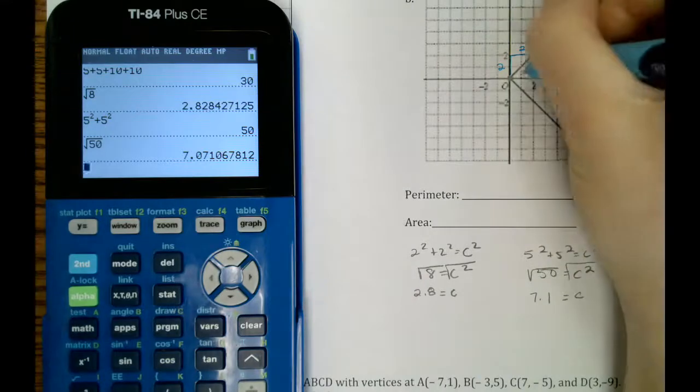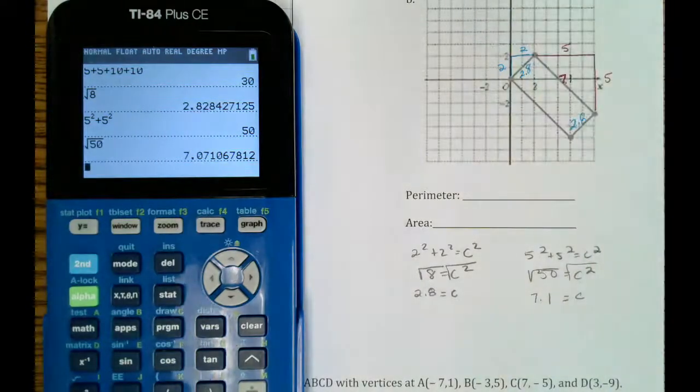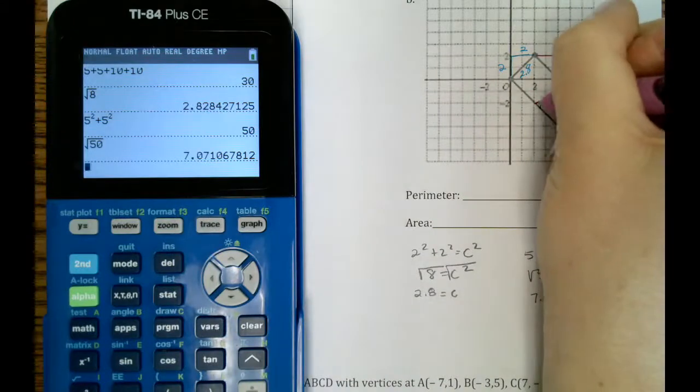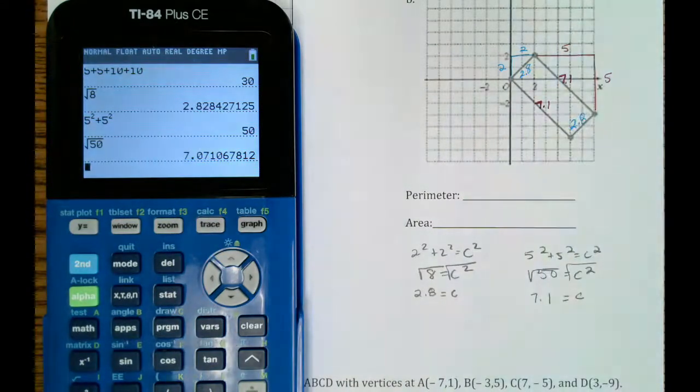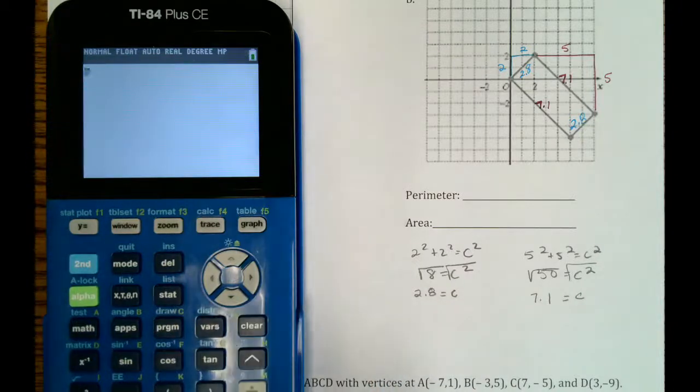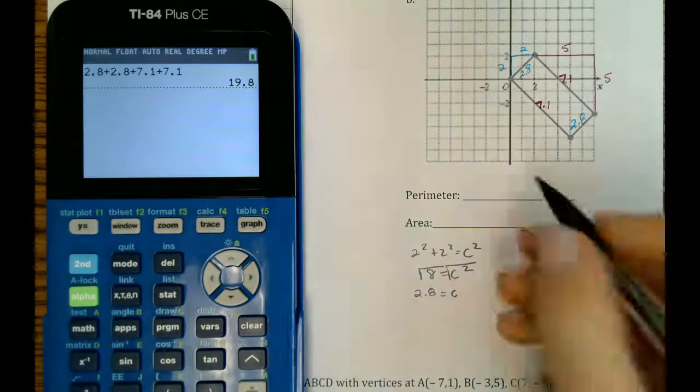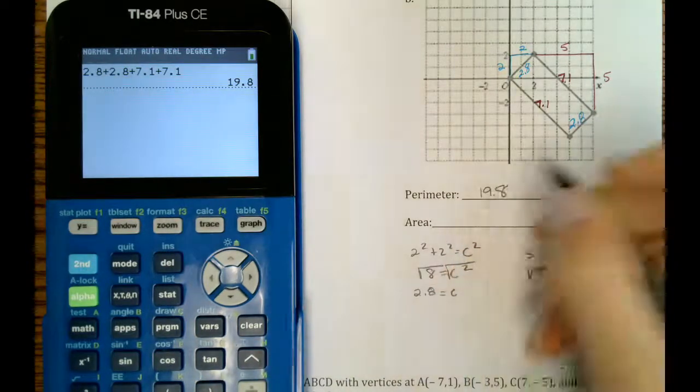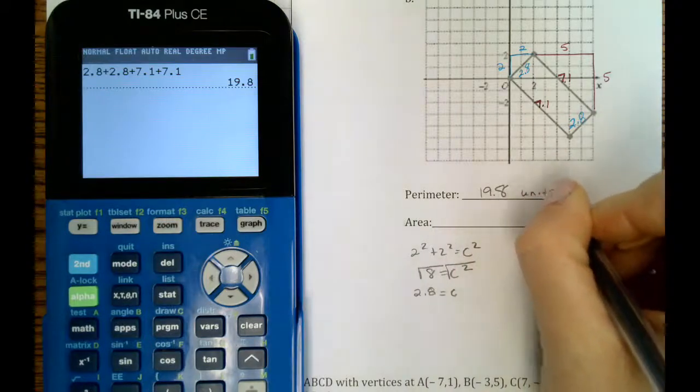Okay, so again, both of our shortest sides are going to be 2.8 and our longer sides are going to be 7.1 because this is a rectangle, so opposite sides are congruent. So to get our perimeter, we're going to add all of them up. And that gives us 19.8 units.